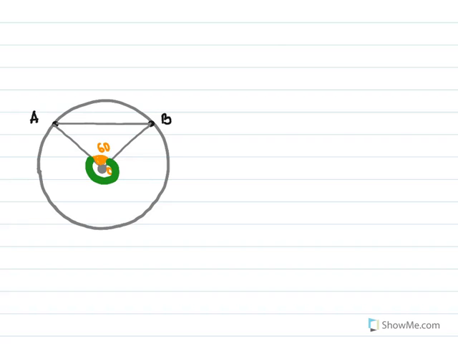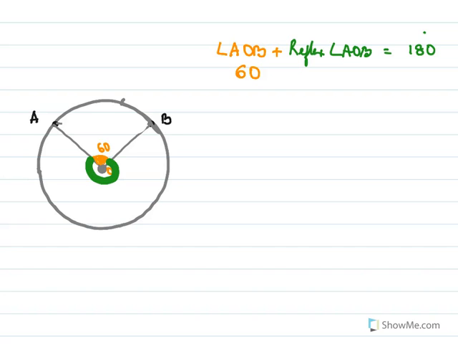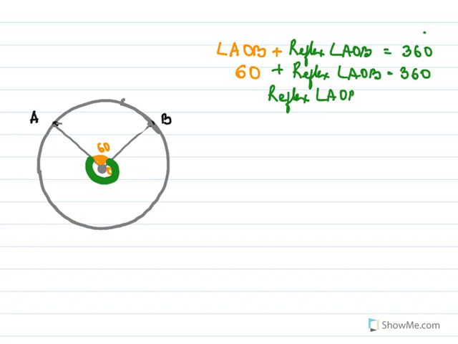We know angle AOB plus reflex angle AOB equal to, it's not 180, it is 360, right? It's a full circle, so 360. So reflex angle AOB equal to 360 minus 60, and this is 300. So this angle now comes 300.